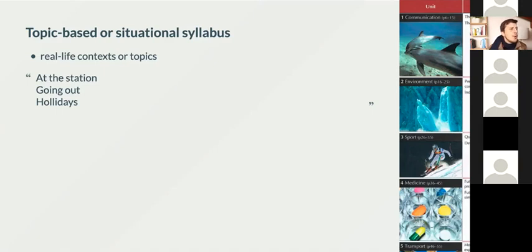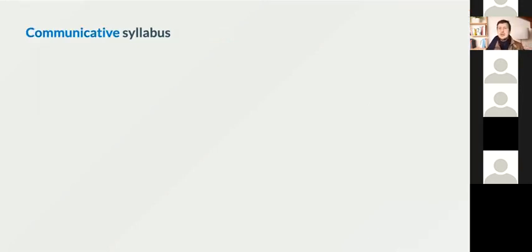If you are at the station and you focus on all the words you need to know there, like train, ticket, booking, return ticket, one-way ticket, and you learn all the vocabulary, then you are going back to a lexical syllabus. Now, if you take the opportunity of this topic to look at all the communicative events that you can have in this topic, then it's much better and you are going towards a communicative syllabus.